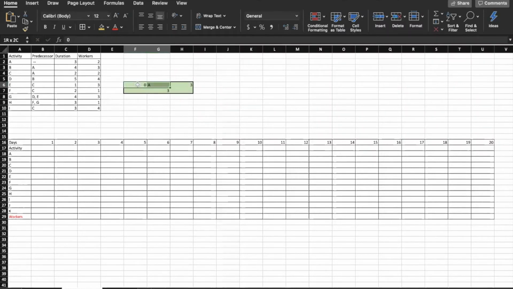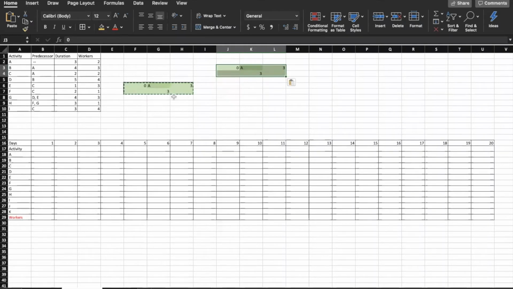And now we'll copy A and make another node that is the second node, which would be B. And B has A as its predecessor. That means that B needs to start right after A on day 3. It takes 4 days to complete B, which means that it can finish the earliest on the 7th.